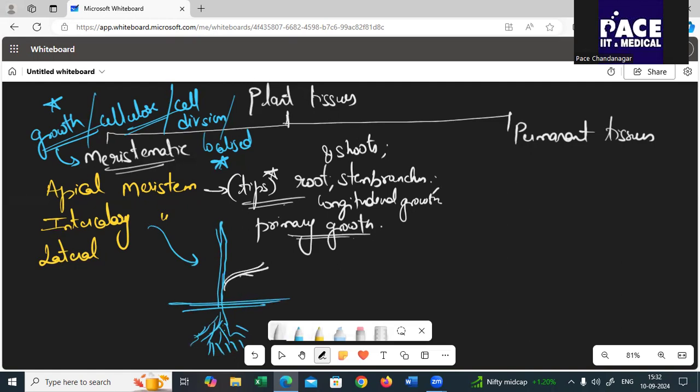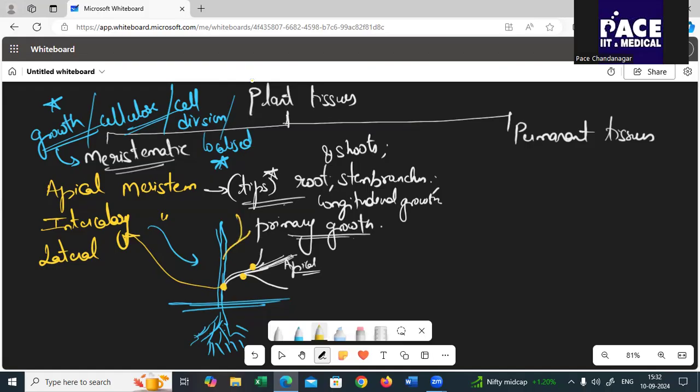Wherever I have these branches developing, branches coming out at these nodes, at these junction points is my intercalary. But as it is growing, here will be my apical at the tips. I hope you understand. Apical at the tips and intercalary at the nodes of the branches.